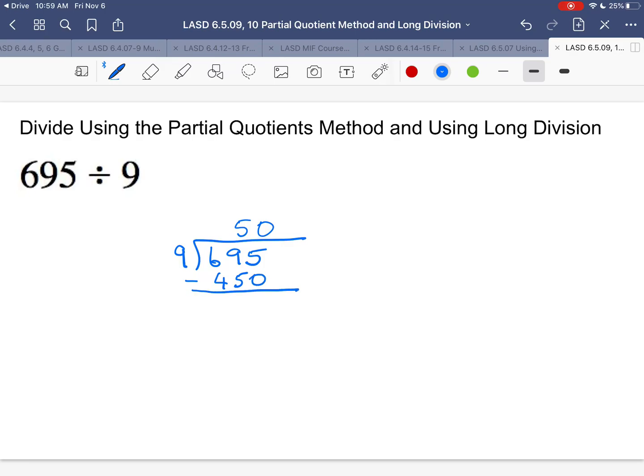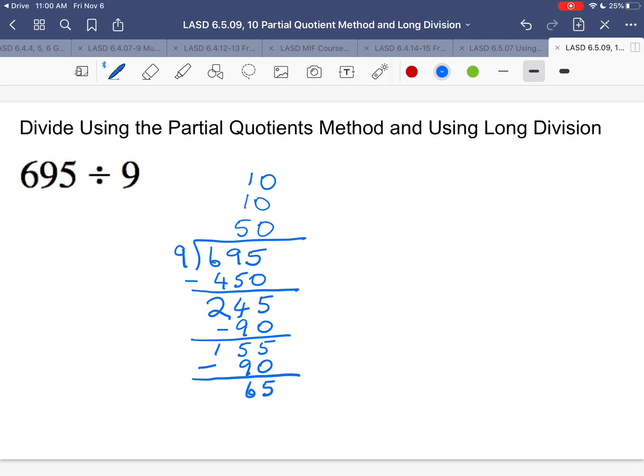And when I subtract 450 from 695, I get 245. And I can take it very slowly, one step at a time. I can do 10. 9 times 10 is 90, which gives me 155. So I could take off another 90, so 9 times 10 is 90 again, which leaves me with 65.